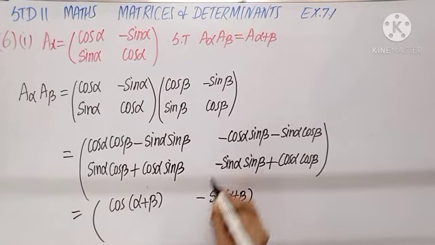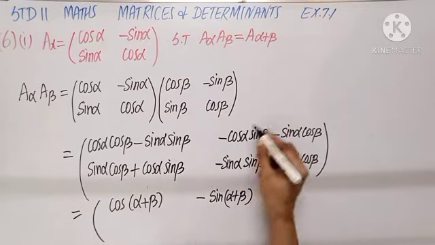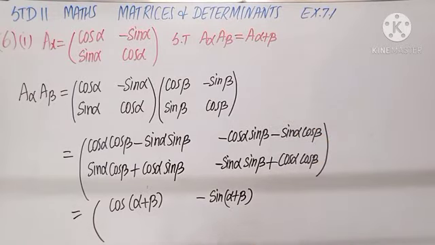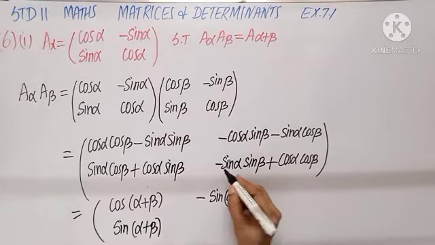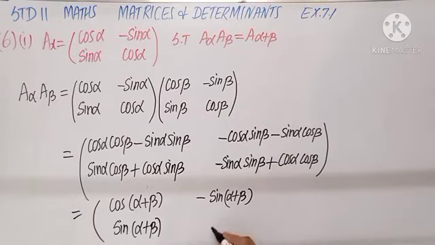Cos alpha cos beta minus sin alpha sin beta reduces to cos alpha plus beta.